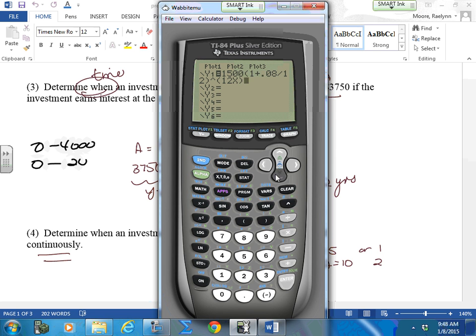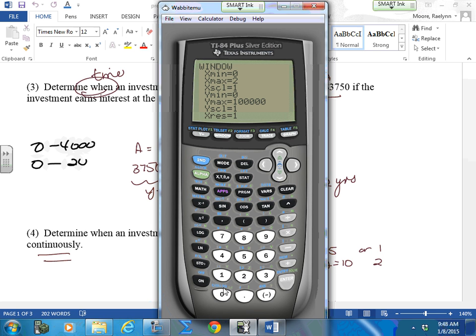Okay, now watch. We're investing and we're going to make $3,750. Okay, think this out. Again, your window of your Y has to go from 0 to 4,000. Your X, I don't know how many years this is going to take. It's not a really big jump, but it's a good enough jump.